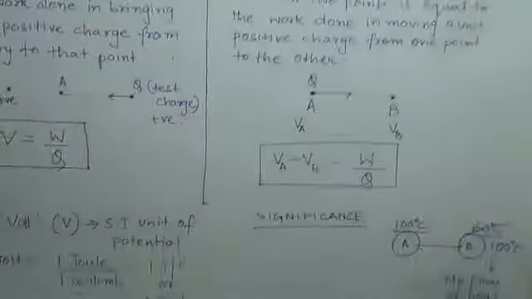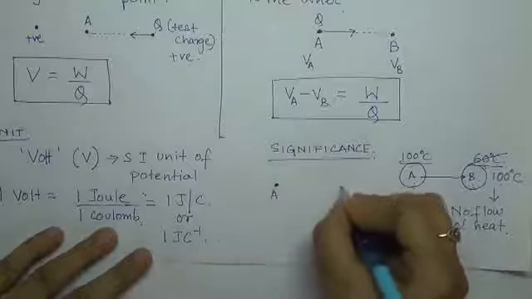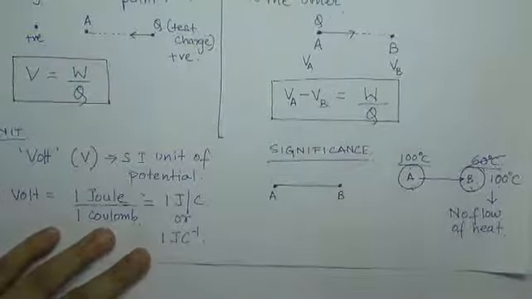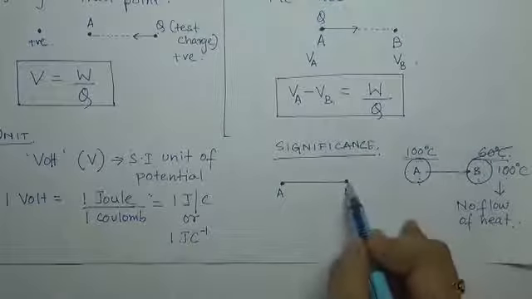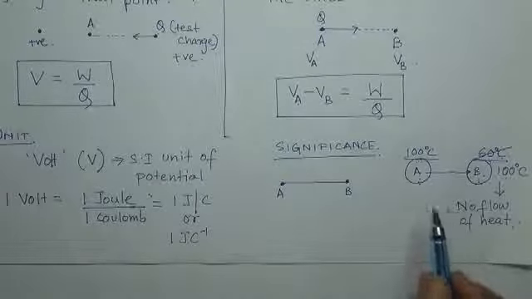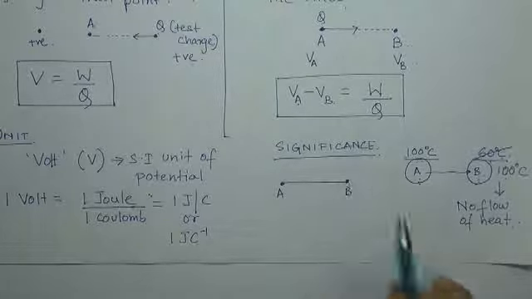Let me explain with the help of a circuit. Suppose you have a wire, okay? I name that wire AB. This wire is not connected to any battery. So at this particular time there is no current flowing in this wire. Why? Because there is no potential difference across its terminals.